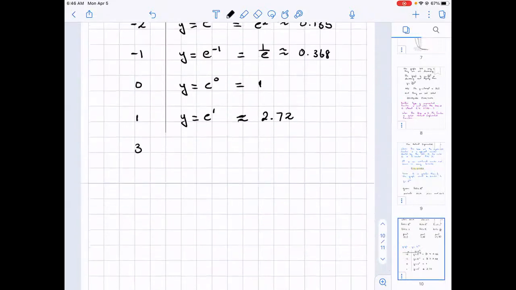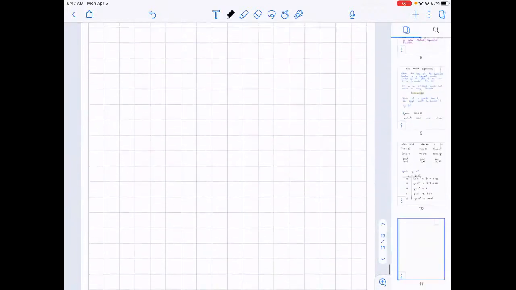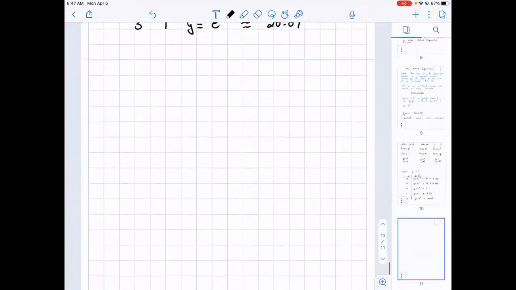If you try 3 now, so we have y equals e to the 3, and that is approximately 20.09. So if you plot these points, the graph looks very similar to 2 to the x. Well, one thing for sure is that the y-intercept is the same. Yeah, 0, 1 will be the y-intercept.